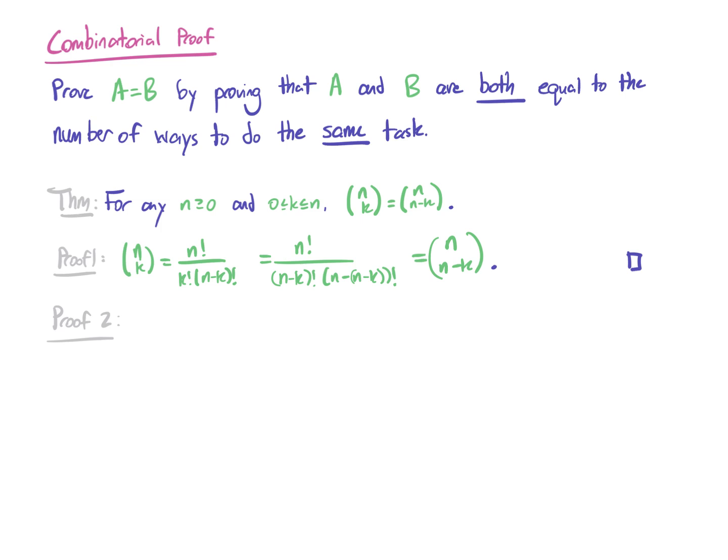We're going to show that both n choose k and n choose n minus k are two different ways of counting the same thing. So, proof.